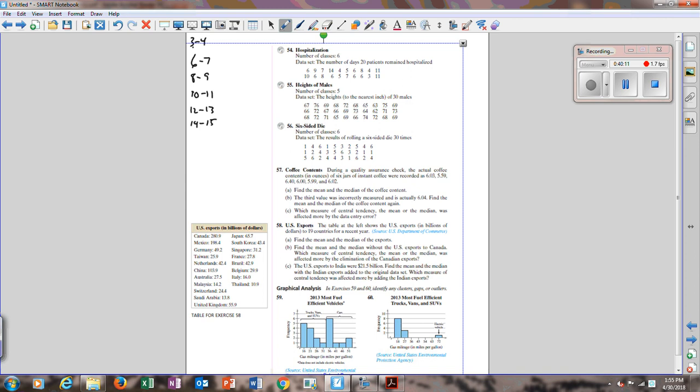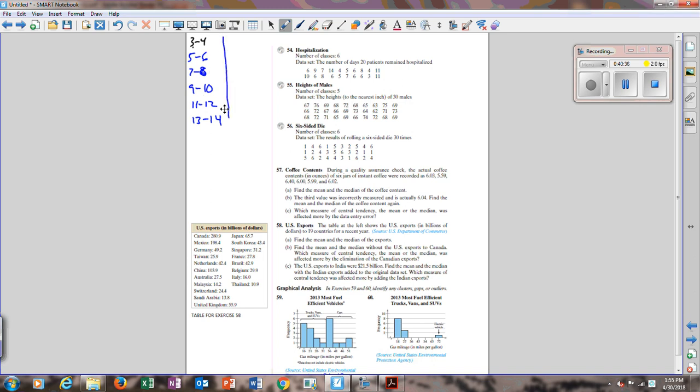I don't know why I started with 6 to 7. Completely screwed it up. Start with 3 to 4, then 5 to 6, 7 to 8, 9 to 10, 11 to 12, 13 to 14. That's a lot better.